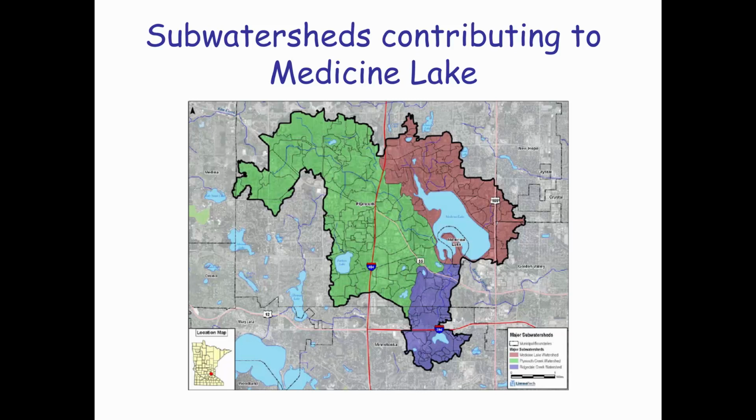There are 10 sub-tributaries that were mapped out for the lake, and these were monitored for runoff and for total phosphorus entering the lake. And as I'll show, the runoff and the total phosphorus loads were also modeled using the P8 model.